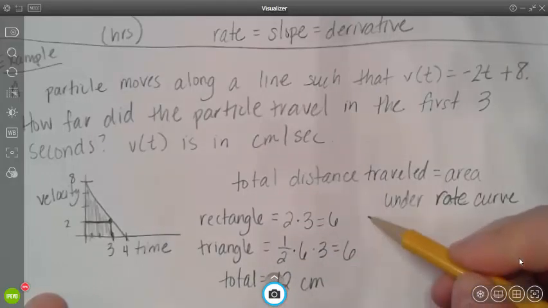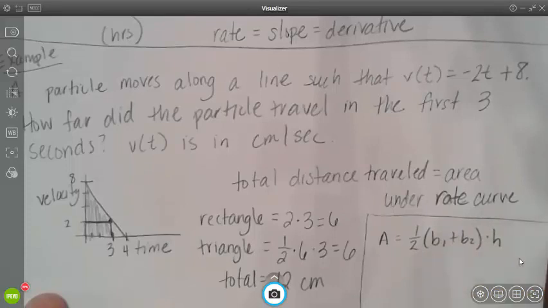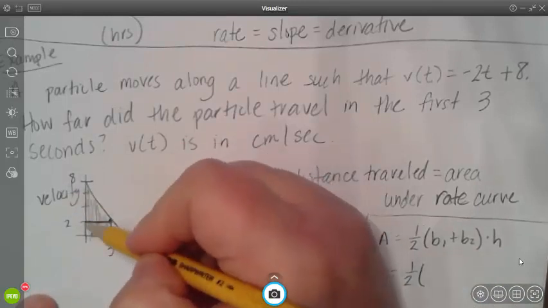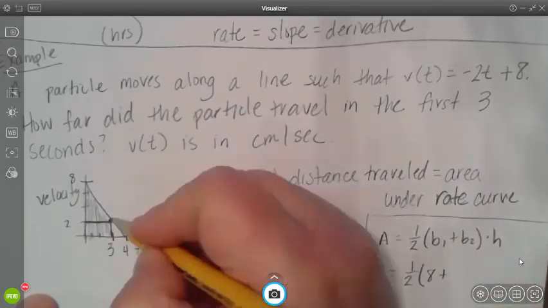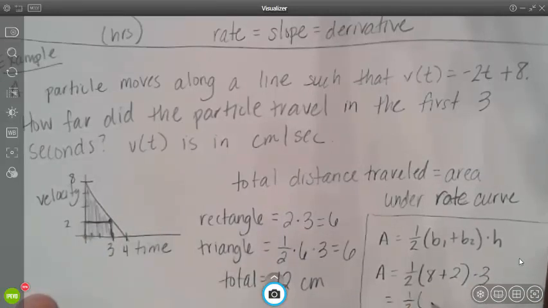Okay, if you do remember how to write the area of a trapezoid, it is 1/2 times base 1 plus base 2 times your height. So that area is going to be 1/2 times, my base 1 is this whole thing, so 8 plus my base 2 is this part, which is 2, times this is actually my height, so 3. So that gives me 1/2 times... oh, I did my base 1 and base 2 wrong.